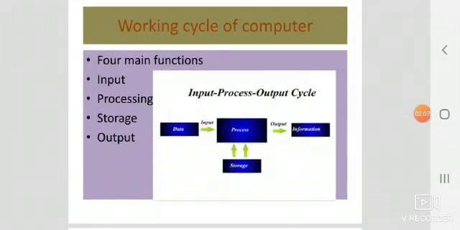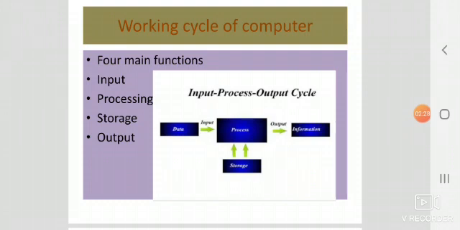To perform these functions, the computer works in a cycle which is known as the input, process, output cycle. This working cycle includes 4 main functions: input, processing, storage, and output.